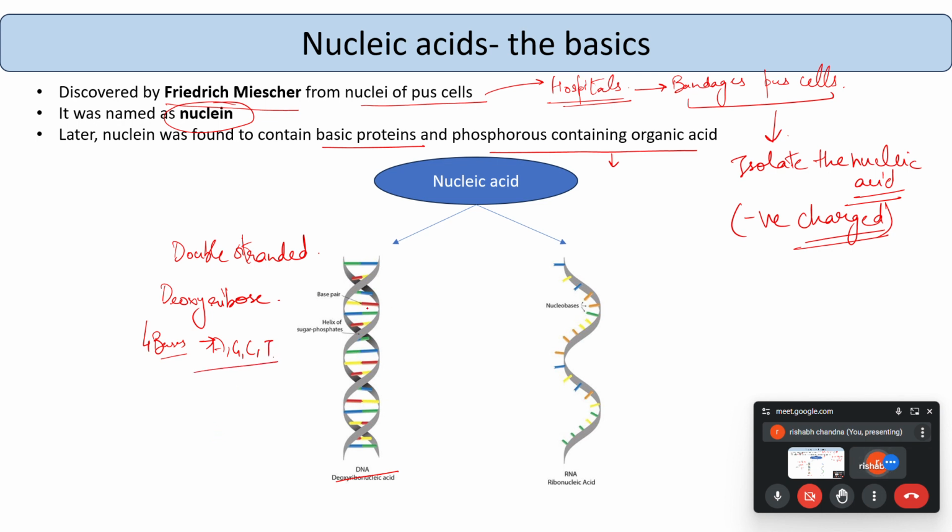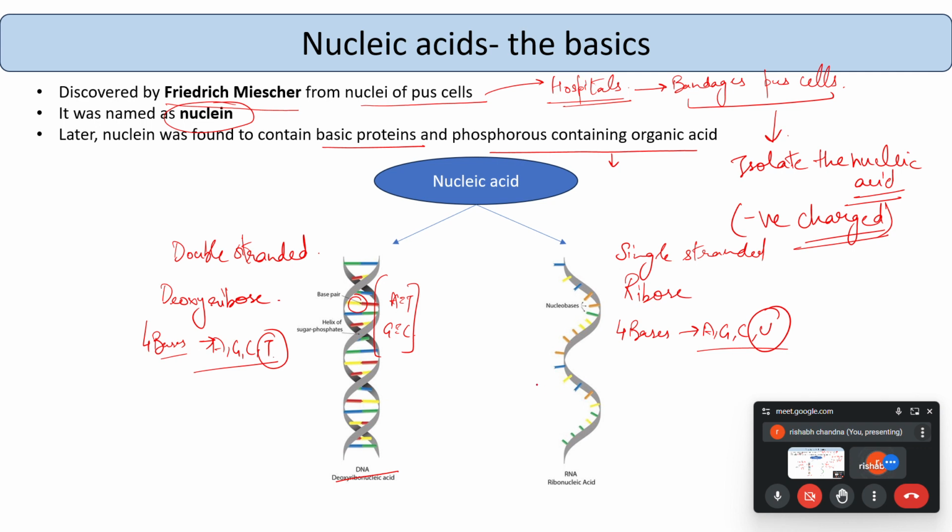Okay, and this double stranded structure forms a helix through the complementary base pairing between A to T and G to C. That's how it forms a double stranded structure. Now, talking about the RNA, it's generally a single stranded structure, and as the name suggests, it contains the sugar ribose, and the four bases that are present here are A, G, C, and U. So here the T is replaced by U.